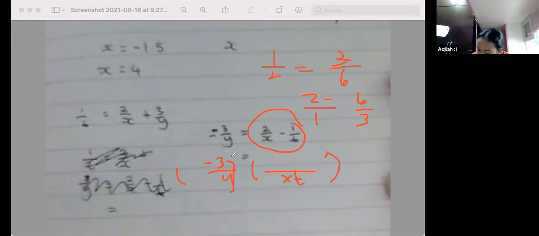I'm gonna try to do that. Yeah, you try. The negative sign is to -3, right?